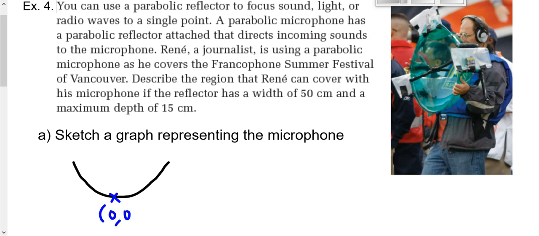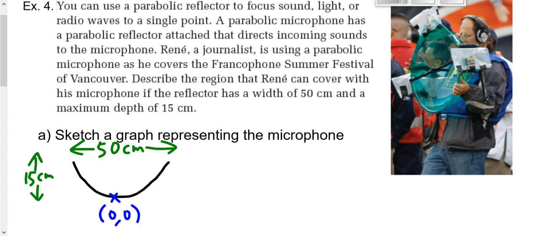0, 0. Then let's label a few more points, because if you look at this, the reflector has a width of 50 centimeters. So that means it is 50 centimeters wide and a maximum depth of 15 centimeters. So that means this is 15 centimeters deep.